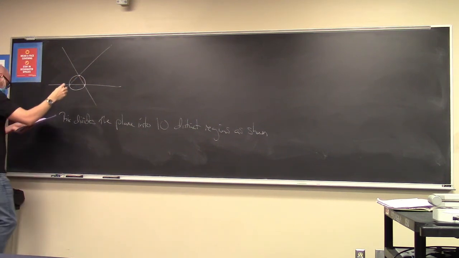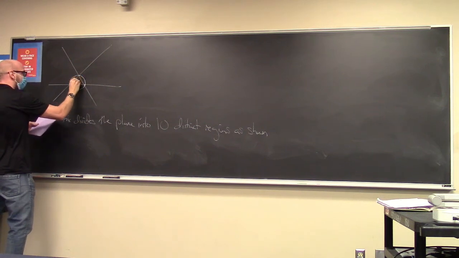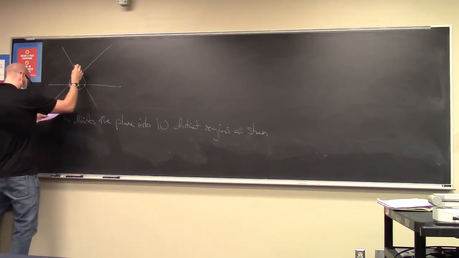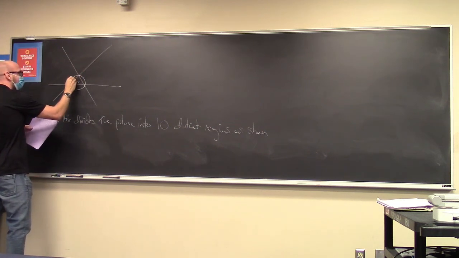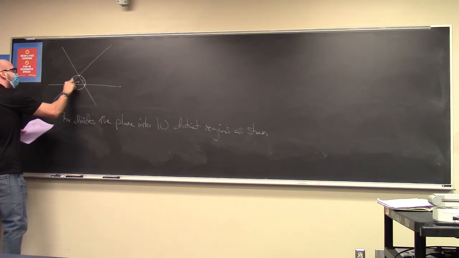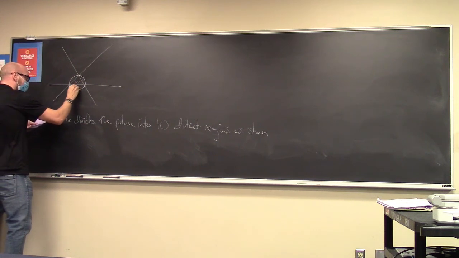And let's label these as the textbook does. We'll call the inside of the triangle, the interior, W. We'll call these regions A, B, C. Doesn't really matter, but I'll call it ABC like that.